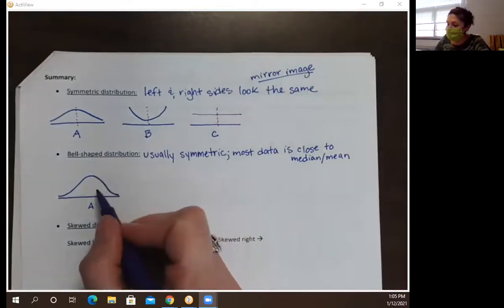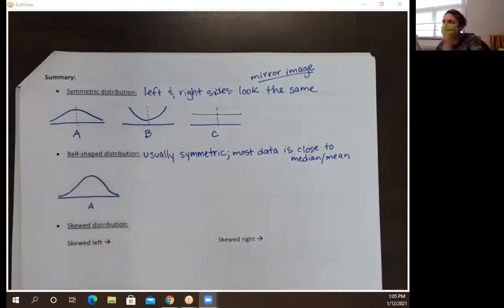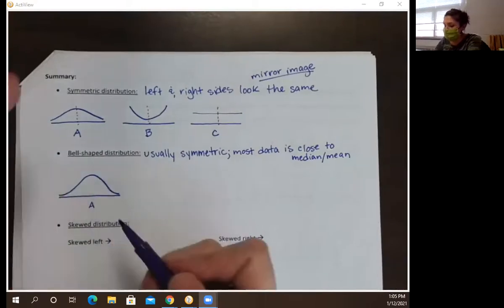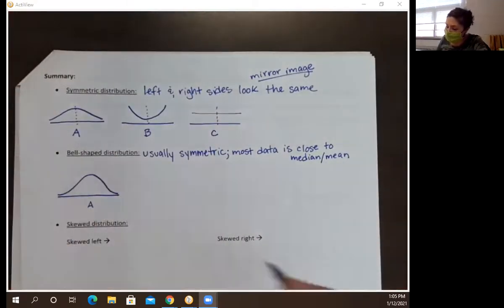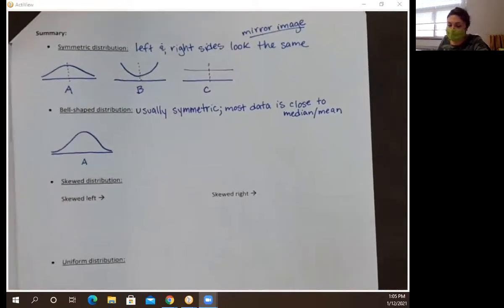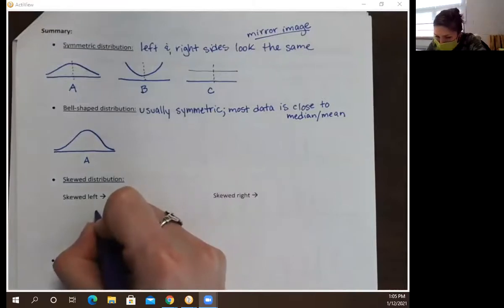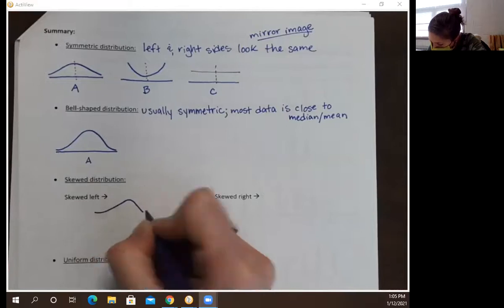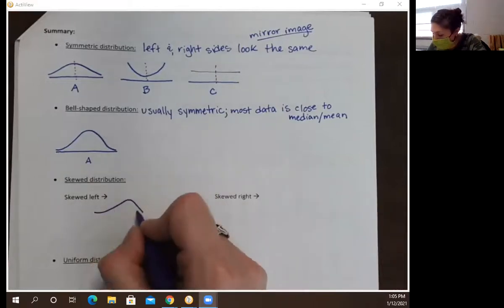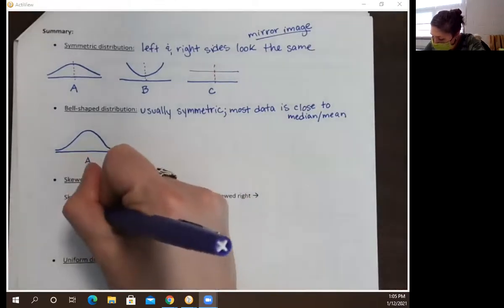Now, if my bell-shaped distribution isn't centered over the median, if it's kind of tipped to one side or the other, kind of like if I took this and pushed it over, or took this side and pushed it over, that's what we would call a skewed distribution. If we skew left, we've got a clump of data, and then we name these skews by where the tail is.